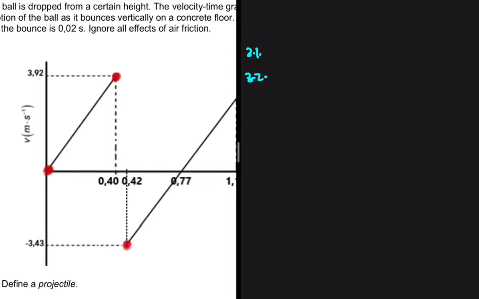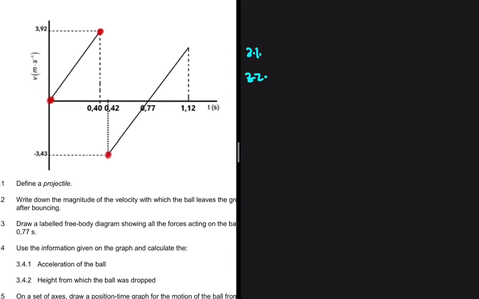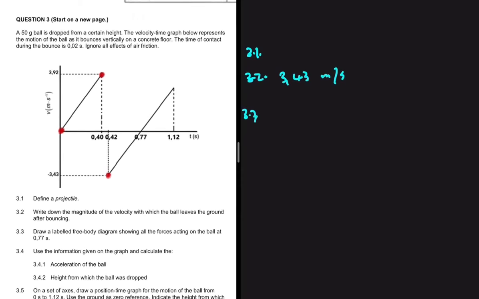So the answer to 3.2, we're looking for the magnitude of the velocity with which the ball leaves the ground after bouncing. That should be 3.43 meters per second.